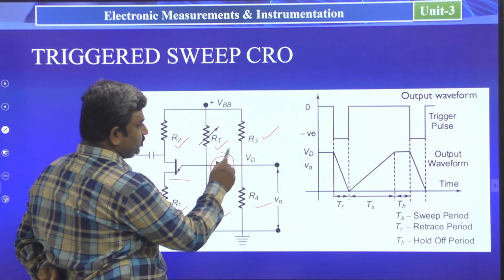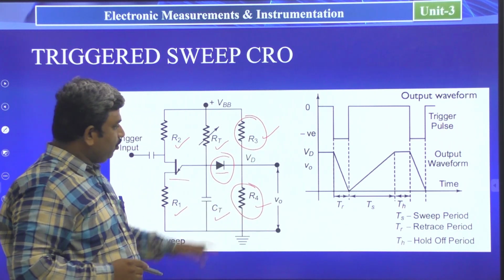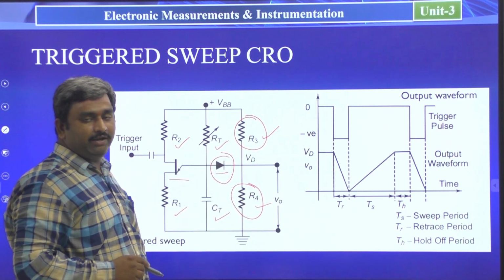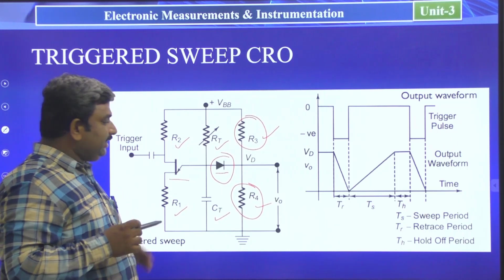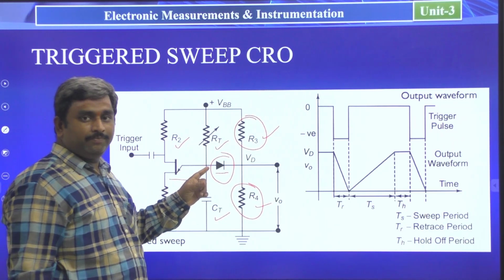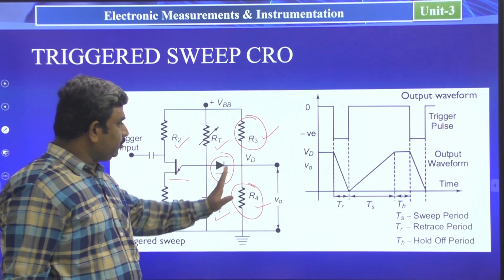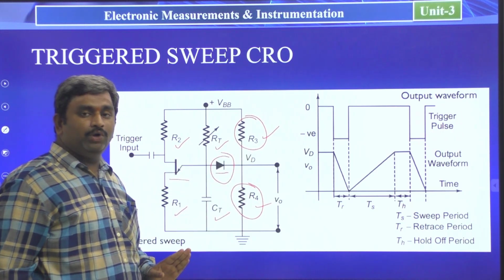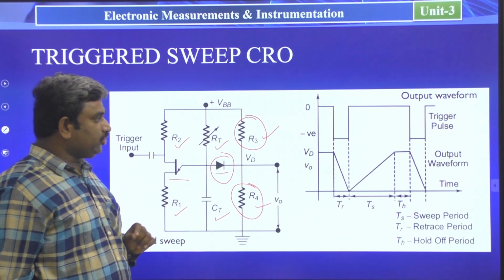The first component is the diode, the second is R3, the third is R4. We have taken these three components here compared to the previous class. So other than the sweep generator circuit, this R3, R4 voltage divider network and this diode are the extra components.